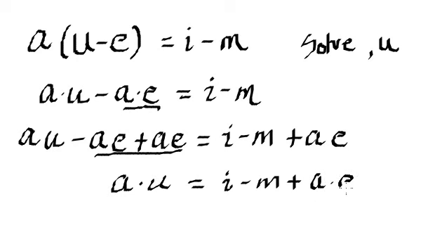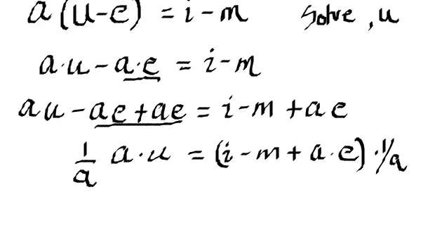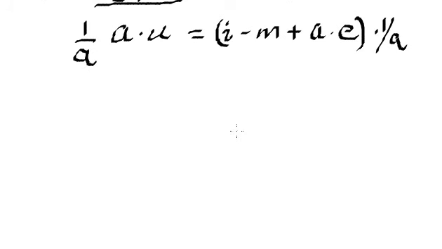A times E. Alright, now what I want to do here, since we're solving for U, I'm going to multiply both sides by 1 over A. Right, that's going to get rid of this A here. Now I'm going to put a parentheses around everything here, and this becomes 1 over A. Oops, doesn't look like an A, but it is.